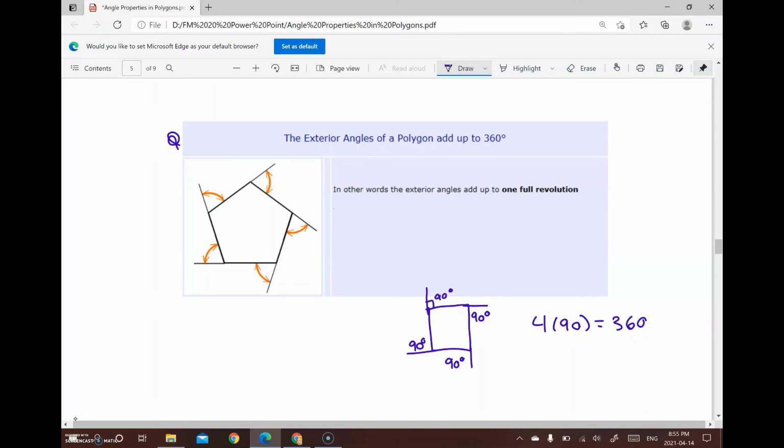Now notice if I went from this 4-sided shape to this 5-sided shape over here, the pentagon, these exterior angles are getting smaller. There's more of them, but they're getting smaller. So it doesn't matter how many sides my polygon has, all the exterior angles will add up to 360.